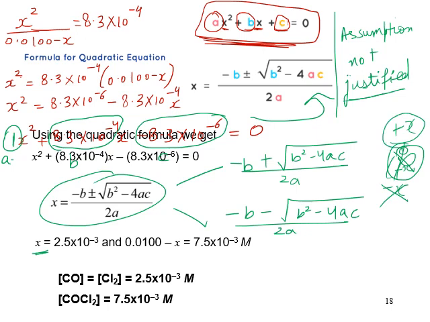The positive x value for me was this right here. So we use this value of x. Now that I have x, I plug it into the equation. CO and Cl2 is this. COCl2 is 0.101 minus that. Okay, that is the last type of question you can get for this particular ICE table.